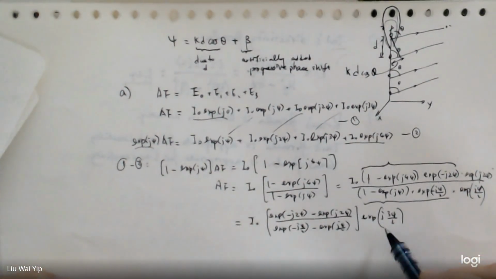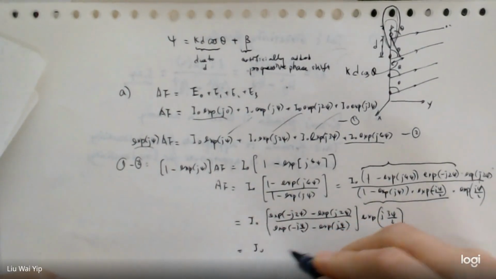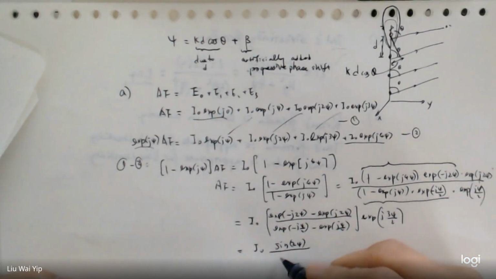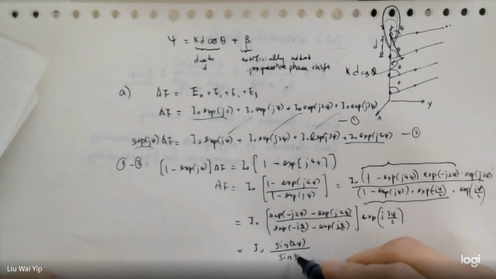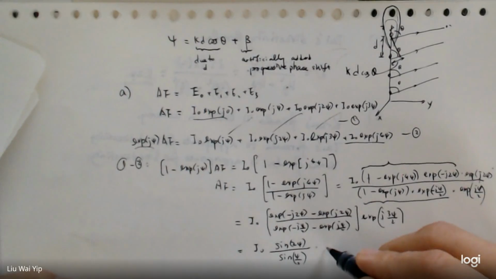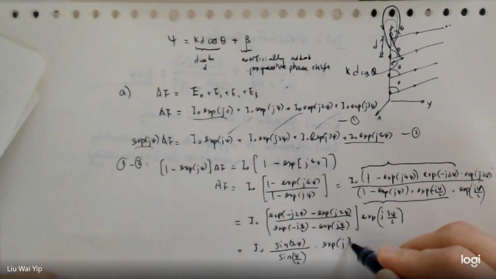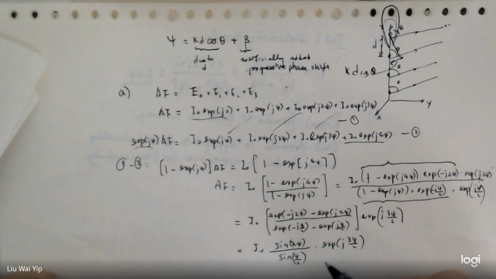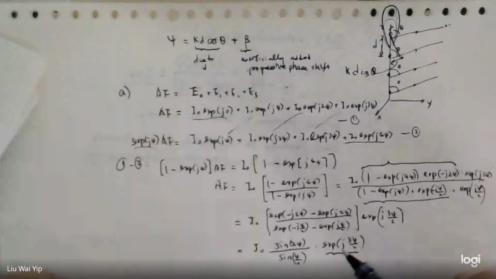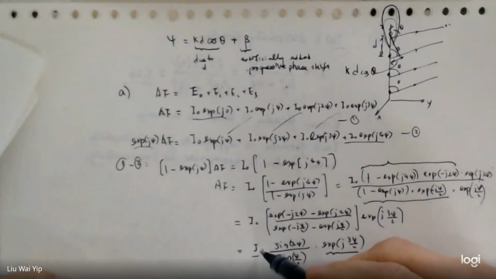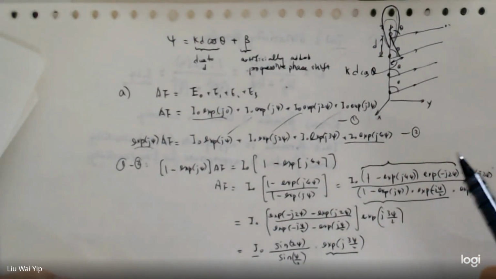So what we end up with here is a phase term and a magnitude term. The phase term will not contribute to any magnitude and has nothing to do with the shape of the beam.